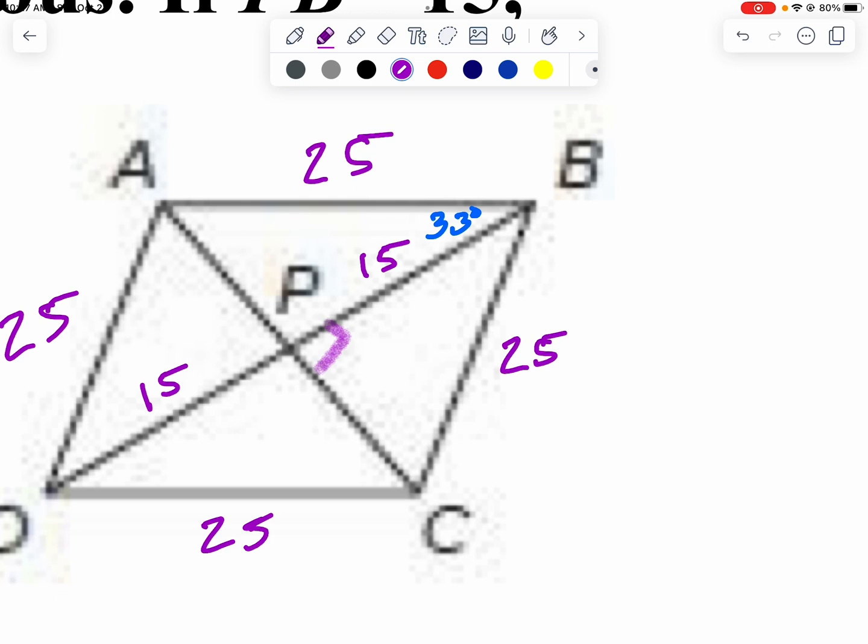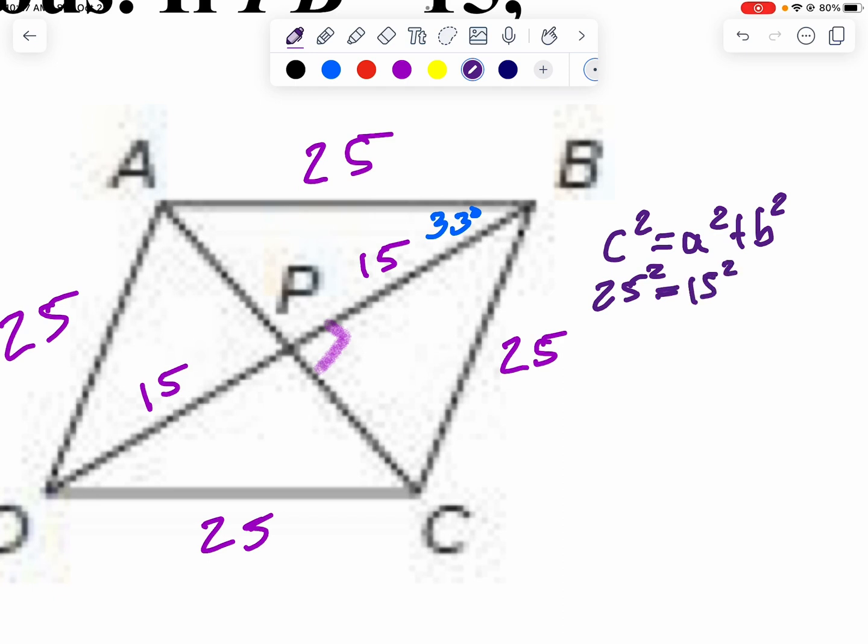And then I've got two of my sides with my hypotenuse being 25. So I'm going to say C squared equals A squared plus B squared. In other words, my hypotenuse is 25 squared equals 15 squared plus B squared.